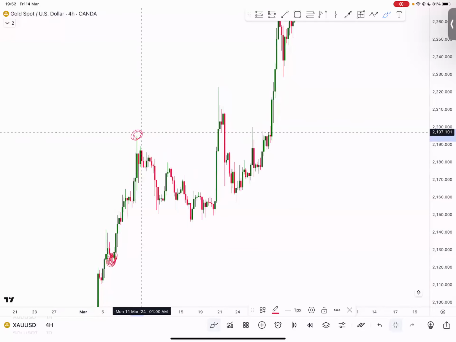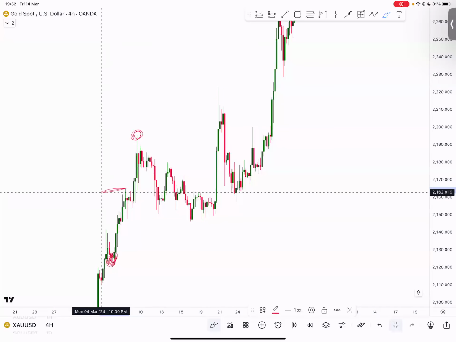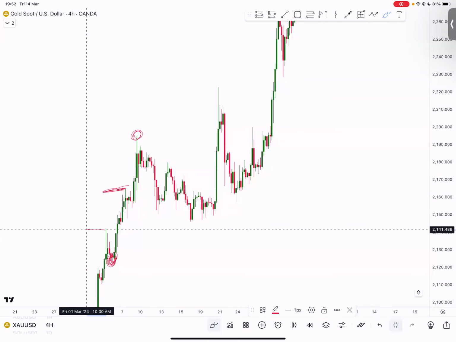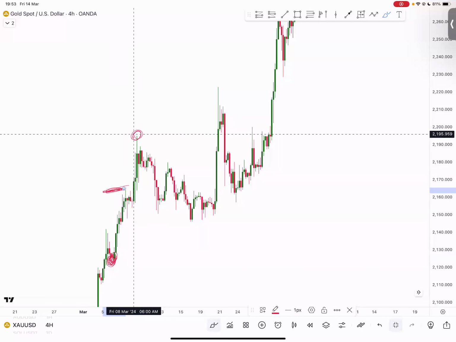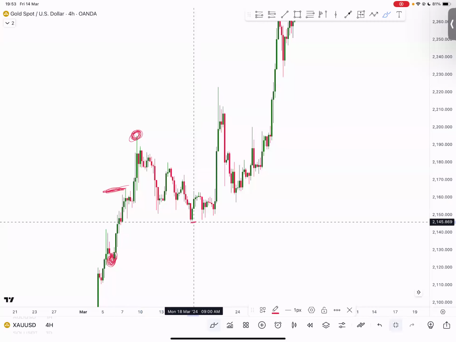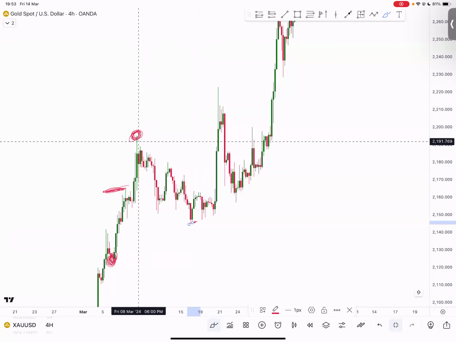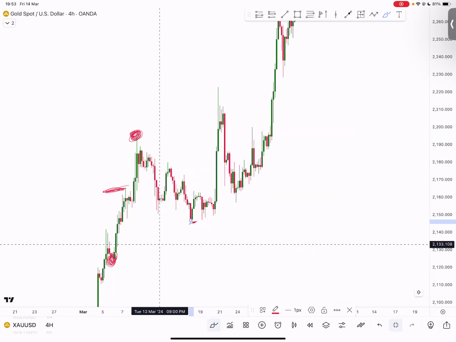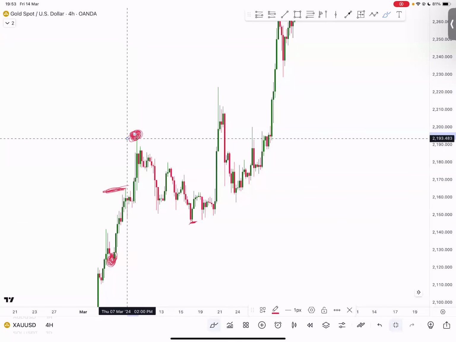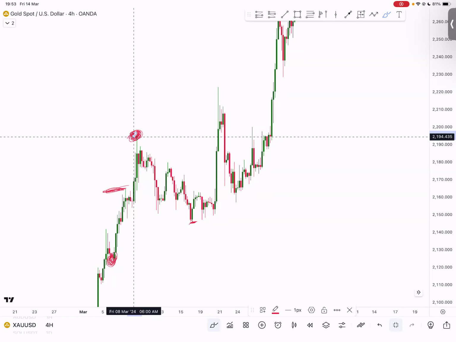Now, why didn't I use this point as my higher high? Because after this high was created, price went as low as this point. So I'm going to be using the highest point that price got to before creating a new low. Your valid higher high is the highest point that price gets to before creating a new low.